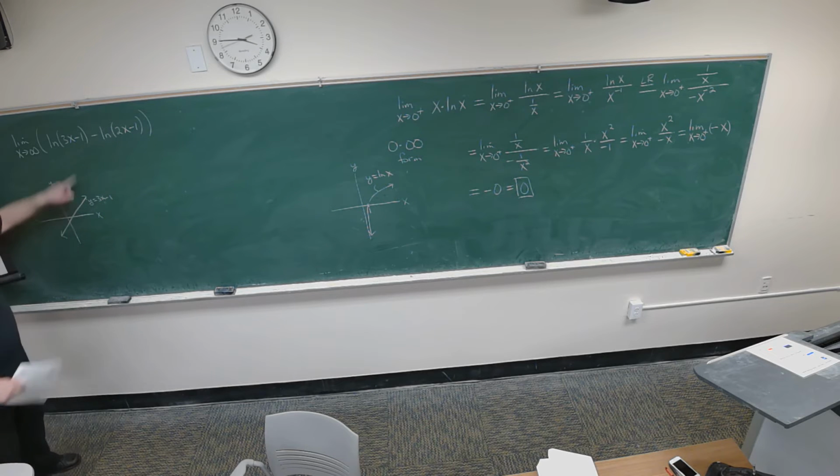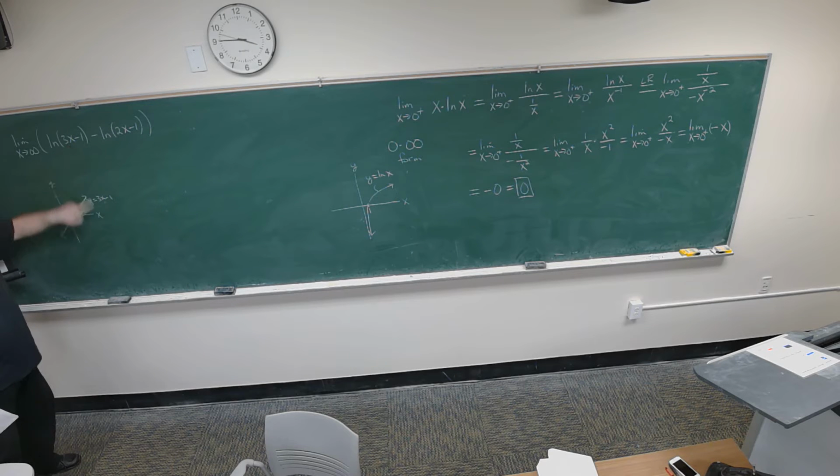And so as x increases without bound, 3x minus 1 increases without bound, because the further out you go on the x-axis, the larger the value of 3x minus 1 is. The graph goes up forever.